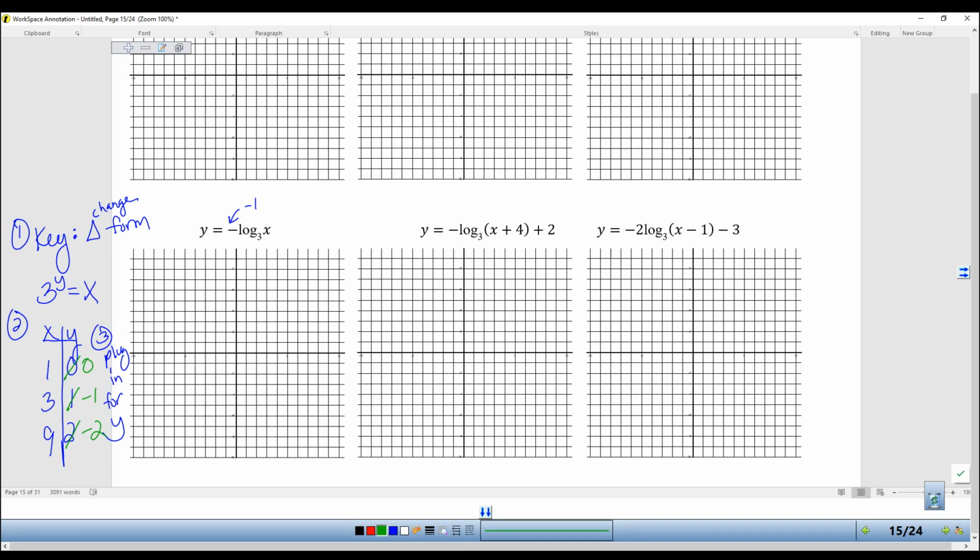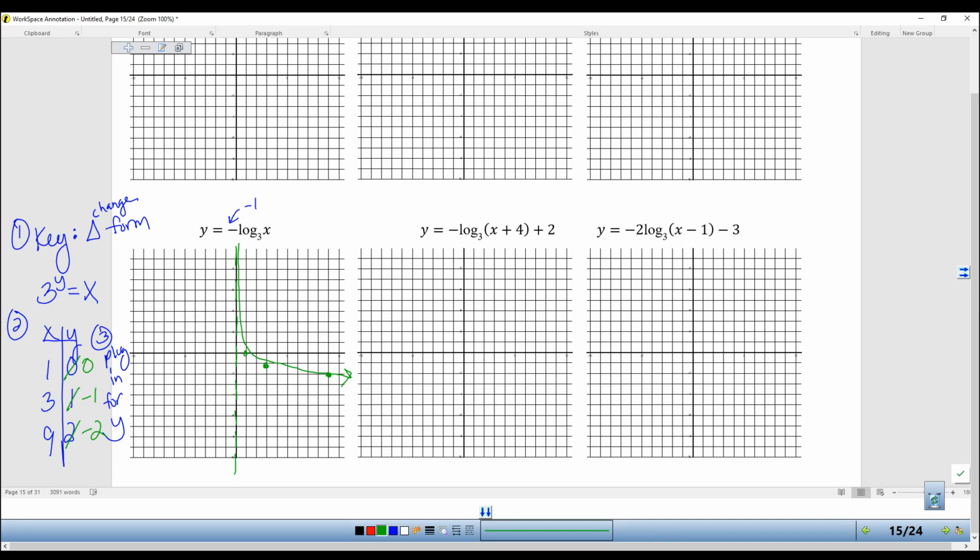Now I haven't shifted this one left or right, up or down, so I'm still going to get to keep my asymptote right there. But then it's going to be 1, 0, and now 3, negative 1, and 9, negative 2, and it flipped everything. So it's going to look like that. Sorry, I kind of missed that there.